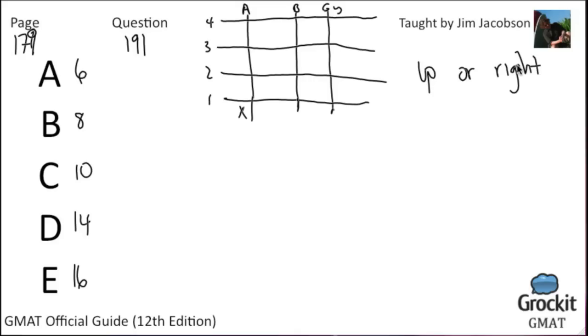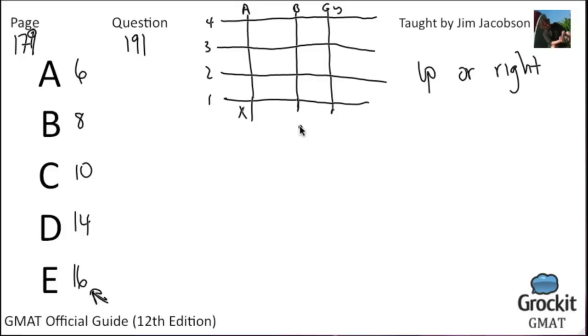That brings Pat closer to point Y from point X. That eliminates a lot of crazy paths where Pat goes all over, crosses every line twice or something like that. So we also know that it can't be more than 16. So here's where the answer choices also help us out. It can't be more than 16.